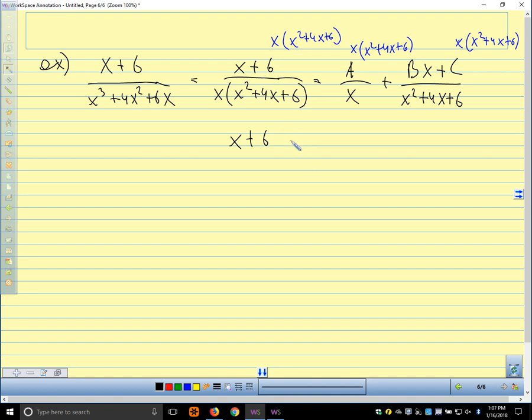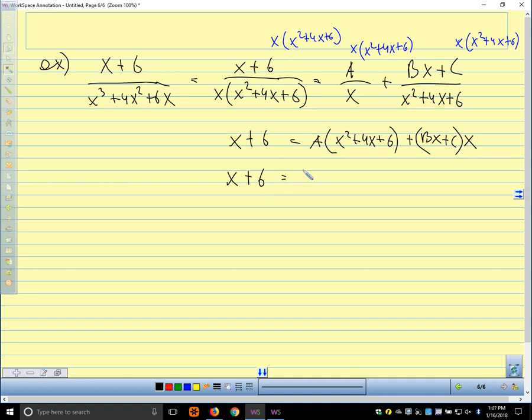And this is going to be a times x squared plus 4x plus 6, plus bx plus c times x. Now I'm going to distribute and collect my like terms together in one step.